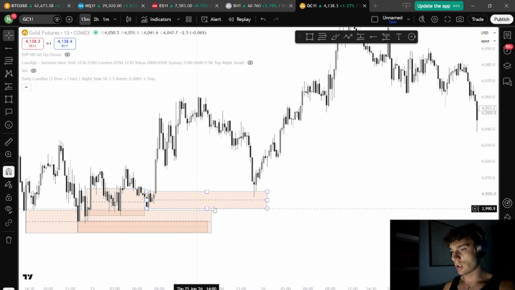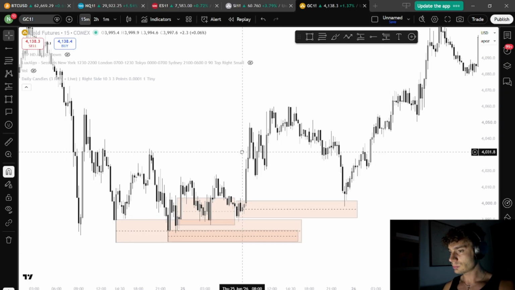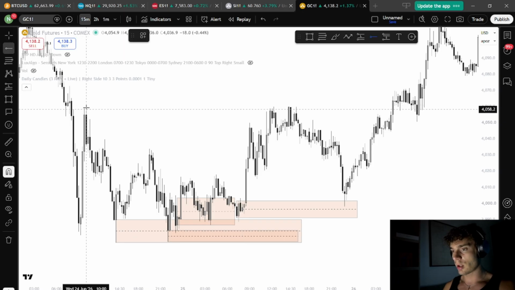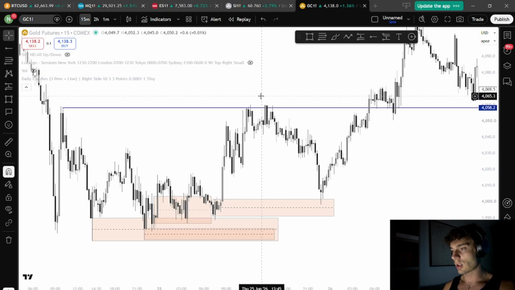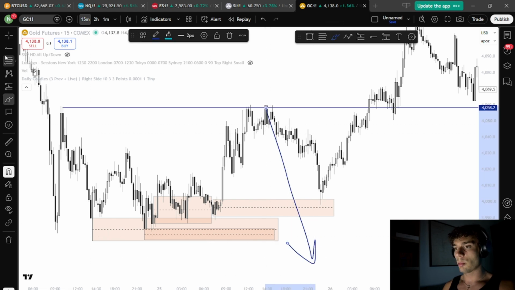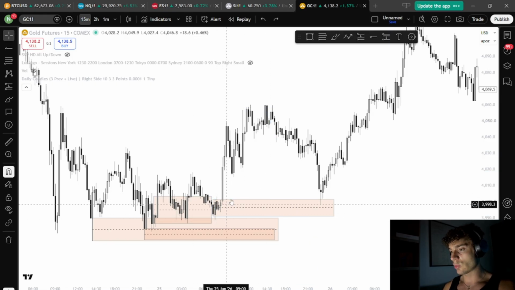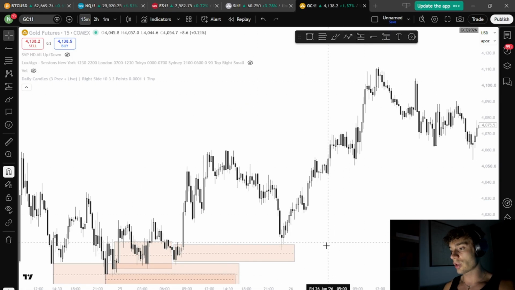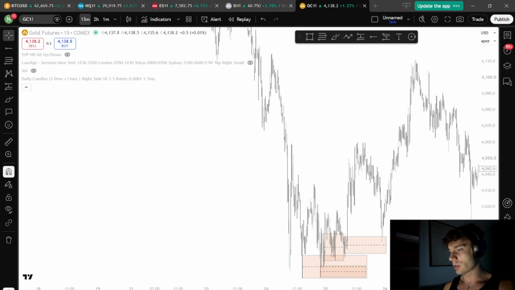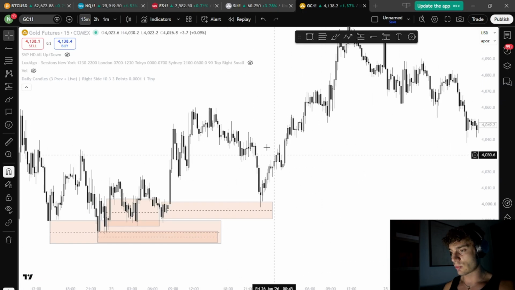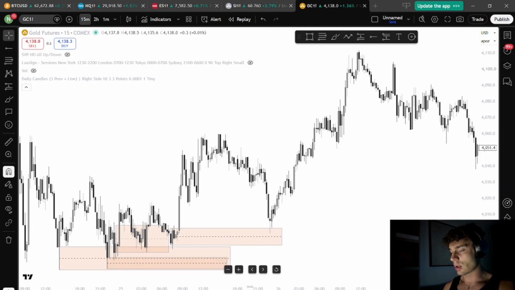Look how much engineered liquidity there is. So the price went up, took this liquidity, and I was sure that we were going to go down and take that. But unfortunately we reacted off of a demand zone, and we pushed up higher. I took a loss here, somewhere there, I don't remember.